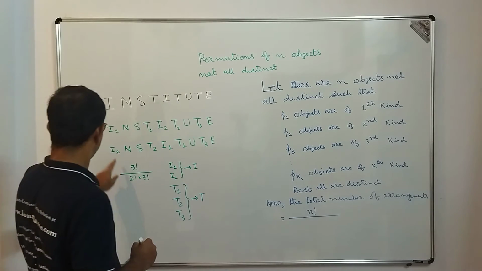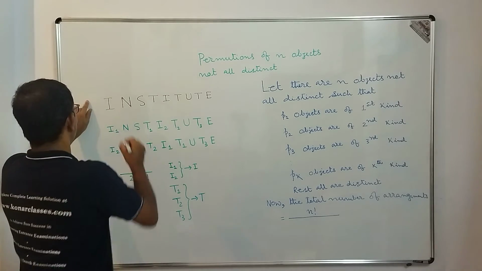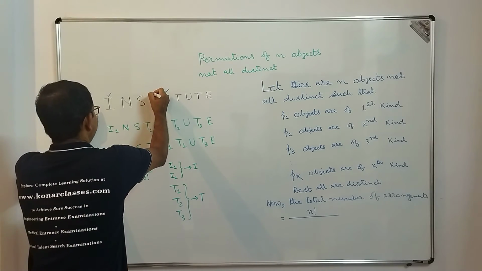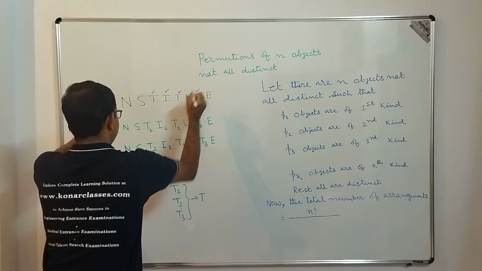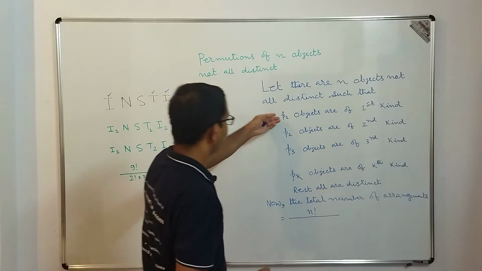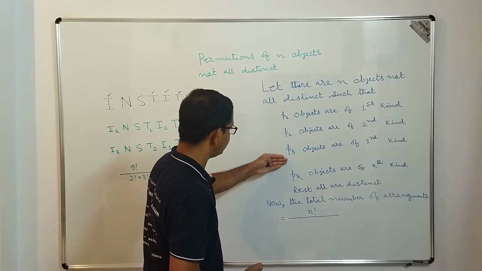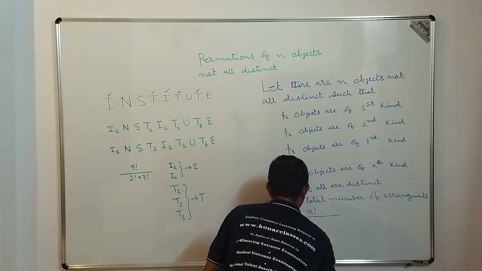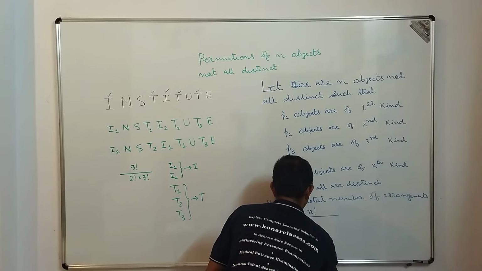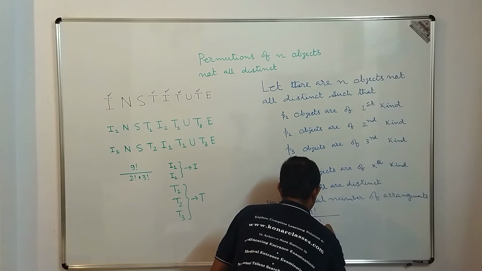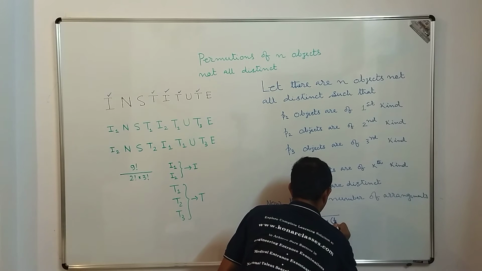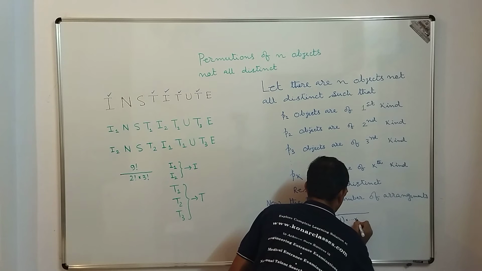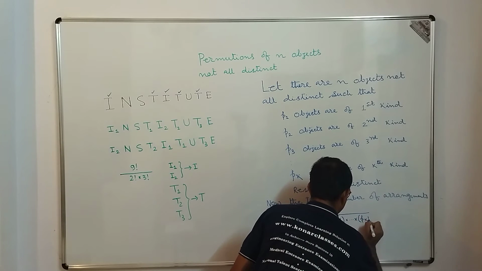The same way we did it here: there are two I's, that's why 2 factorial, and there are 3 T's, that's why 3 factorial. Here we have generalized it as P1, P2, P3 up to Pk. So n factorial divided by P1 factorial into P2 factorial into P3 factorial, and it proceeds up to Pk factorial.